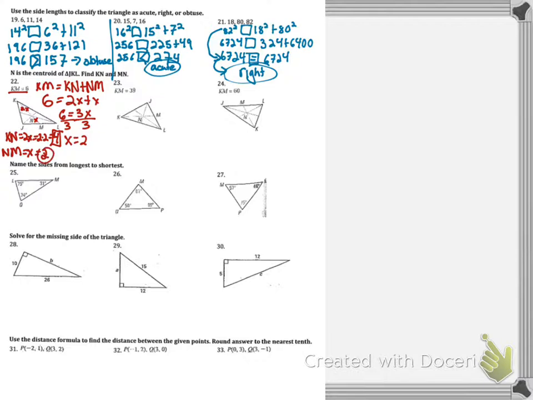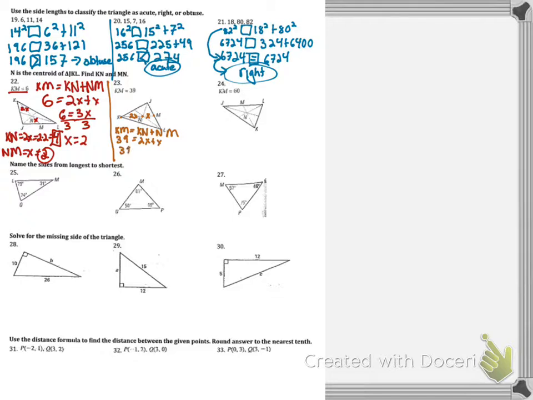The next problem is a similar setup. We see once again we have the total value of KM, which equals the sum of its parts, KN plus NM. Once again, we know the part from the vertex to the centroid is going to be 2x, and the part from the centroid to the side that it is bisecting is x. We know the total length of KM is 39, which is 2x plus x.